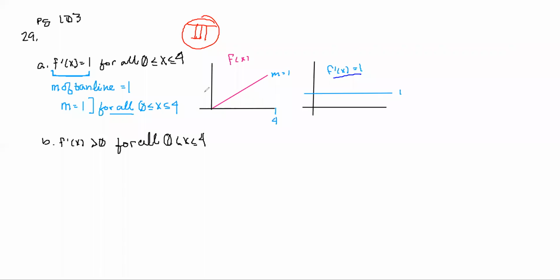Okay. So let's take a look at the functions and see what options we have. What is your gut telling you on this one? It's going to go from 0 and it's going to increase until it hits 4. But then after that, you don't know because it stops at less than or equal to 4. We just know that it's increasing from 0 to 4.